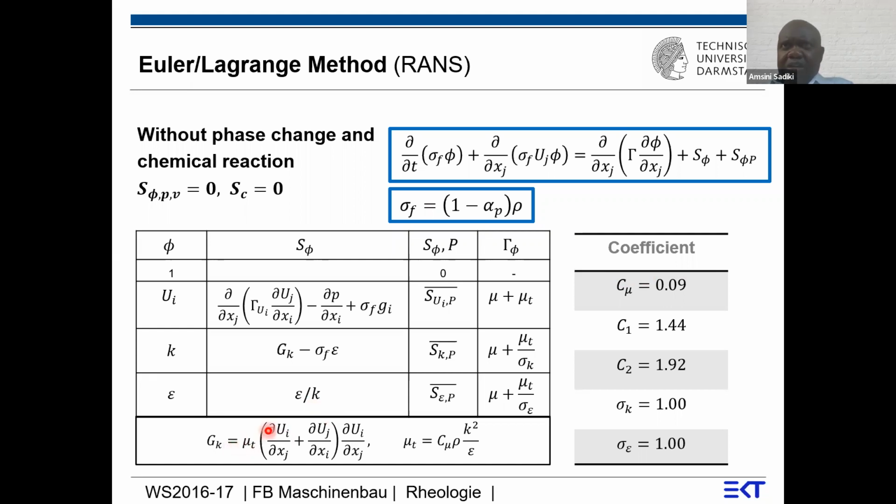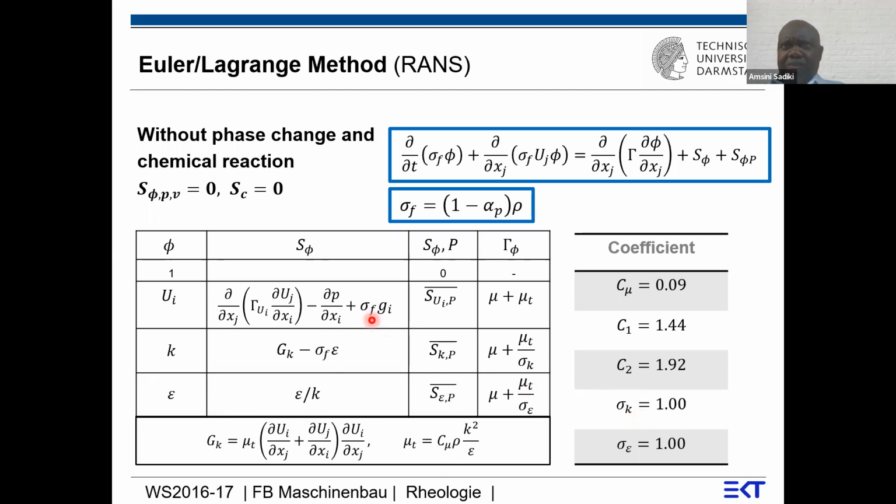These coefficients are here. We have, say, mu, this is this one. We have also these different coefficients in different terms. Here we have also these coefficients.